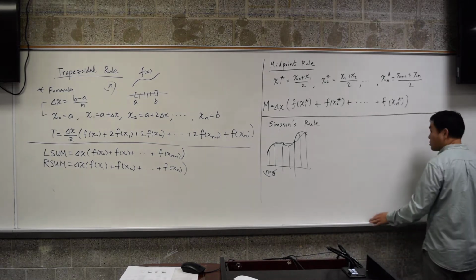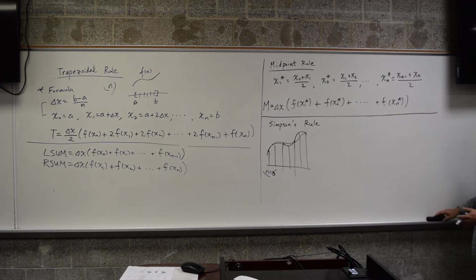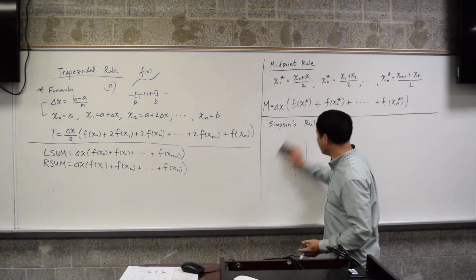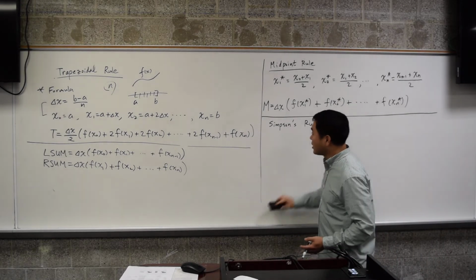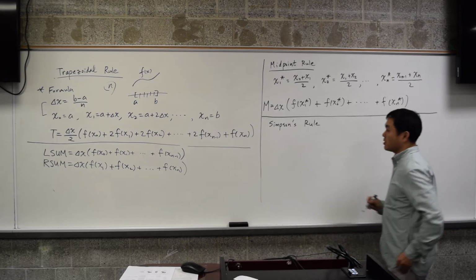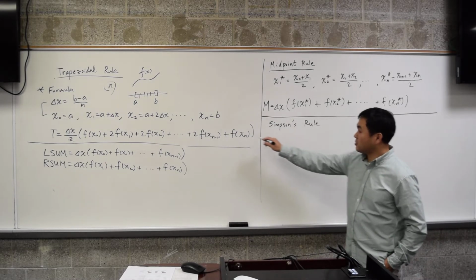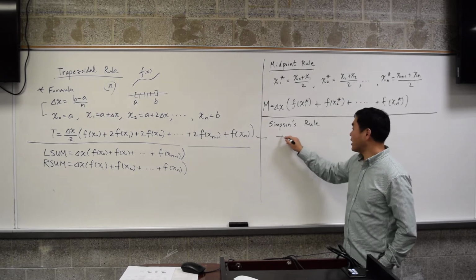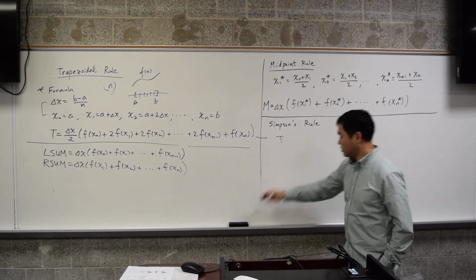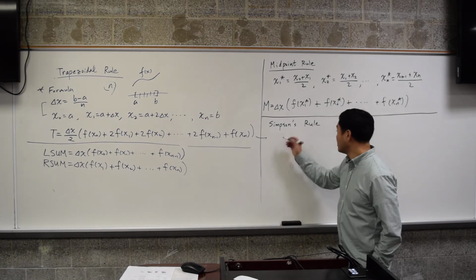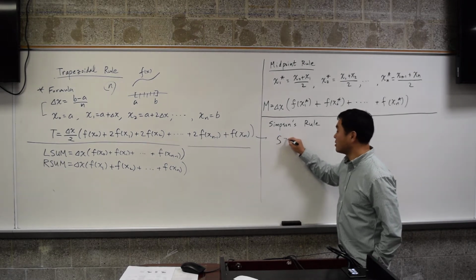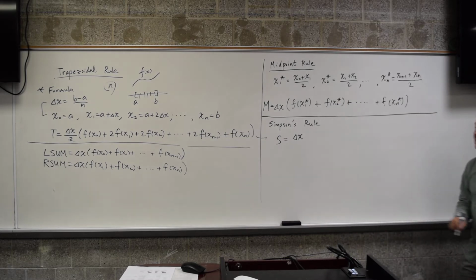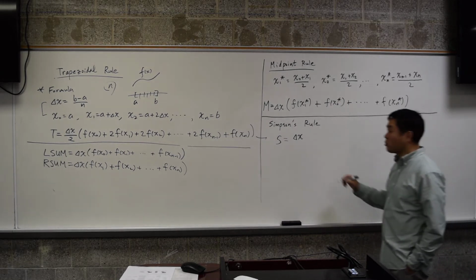Okay, so that's what Simpson's Rule is. The actual derivation of the formula is quite complicated, but what I'm trying to say is the following. Simpson's Rule is very similar to the trapezoid in the sense that it has the same structure. So it's delta x, rather than over 2, you use over 3.